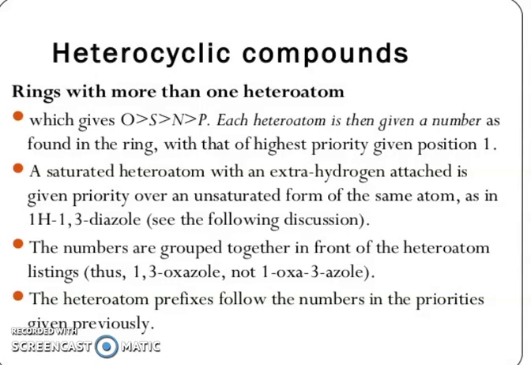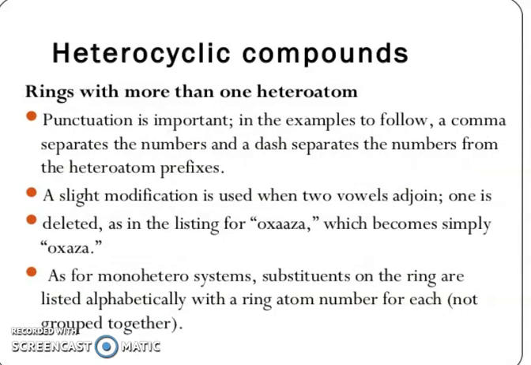Why? Because oxygen will get the priority, then sulfur, and then nitrogen. Heteroatom prefixes follow the numbers in the priorities given previously.